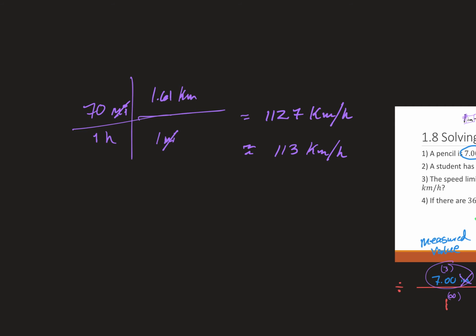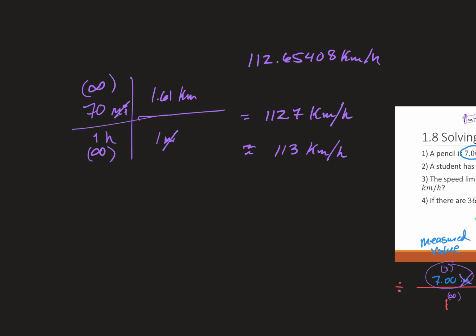Keep in mind, if it's a speed limit, this actually has infinitely many. If we did the full thing, by the way, 70 miles per hour times 5280, that'd be feet, times 12 inches, times 2.54 centimeters, divided by 100 centimeters per meter, divided by 1,000. It's actually the true value, 112.65408 kilometers per hour.